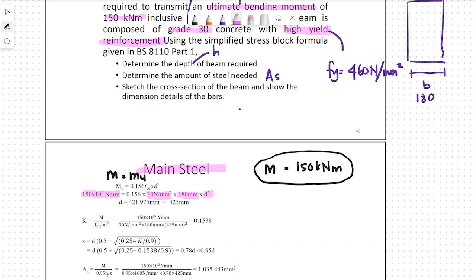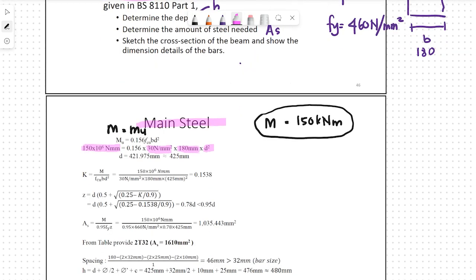We must not round down. Don't see 421.975 and round down to 420. We must round up. I round up to 425, or you can perhaps round up to 430 or 450, it doesn't matter, it's up to you, because this is your design. But don't go too far, we don't want to over design.